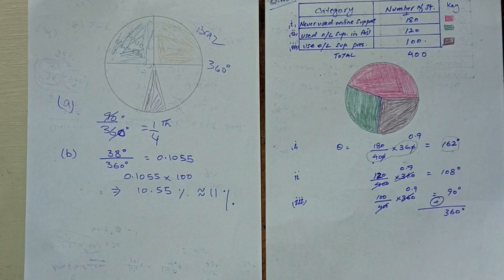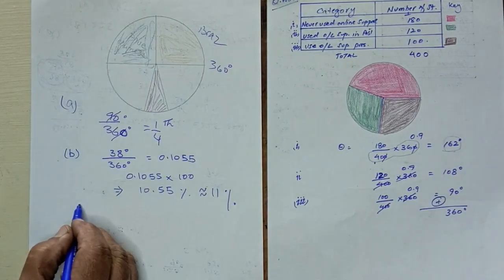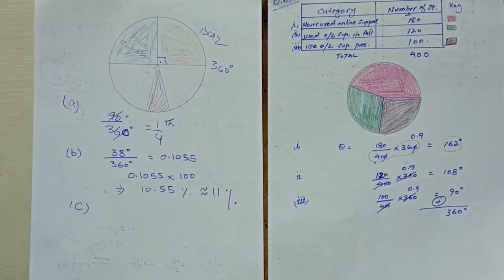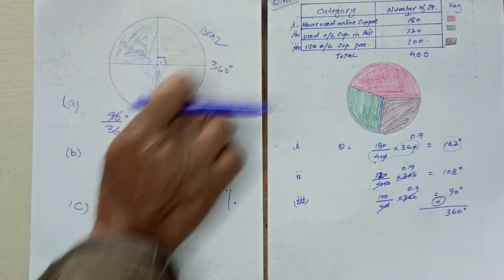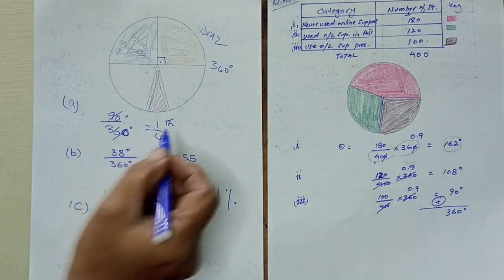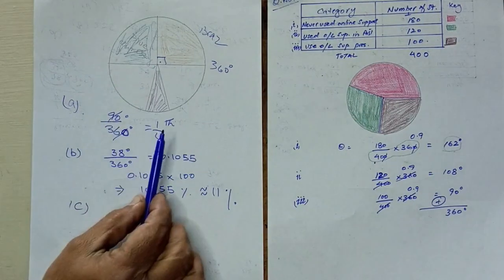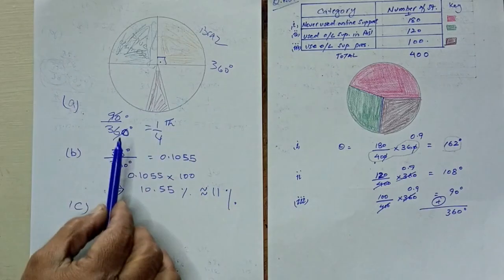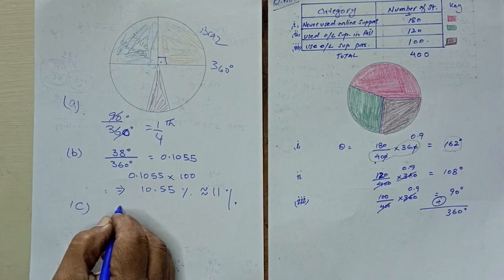Now part C, the ratio of the Brazilian students in decimal fraction. As you know, the Brazilian students were also acquiring a 90-degree angle out of this whole 360. So again, A and C are the same, but in A the fraction was asked, but in C it is asked in decimal fraction.